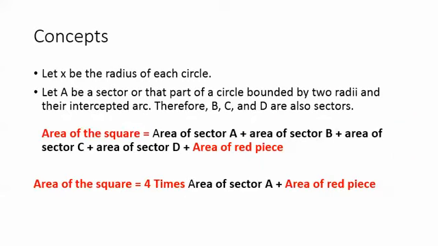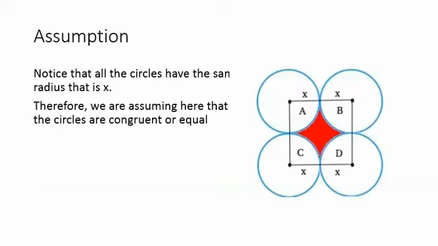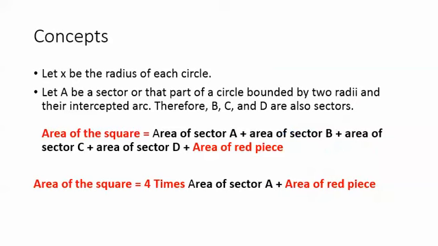So let's move on. We need to identify what is the area that's being highlighted in red here. The area of the square is made of the area of four sectors, which is sector A, sector B, sector C, sector D, along with the area which is marked in red.